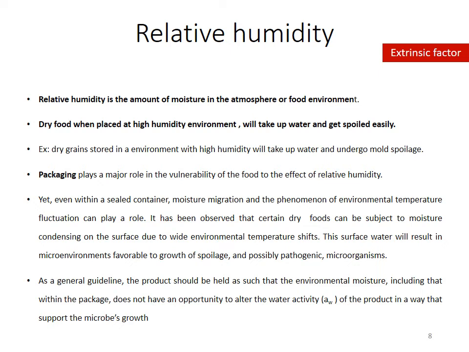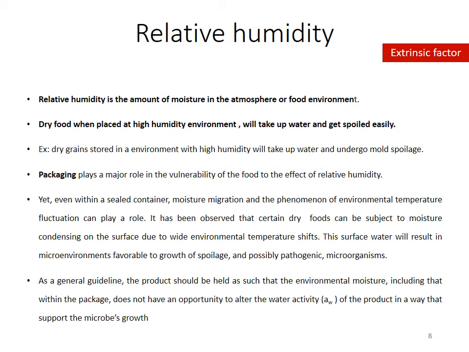Now, if we have dry food that is placed in a high humidity environment, this dry food can take up water and become moist and therefore get spoiled easily. For example, dry grains placed in an environment with high humidity can take up water and therefore support the growth of mold.